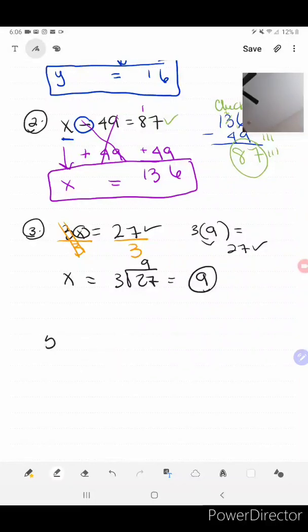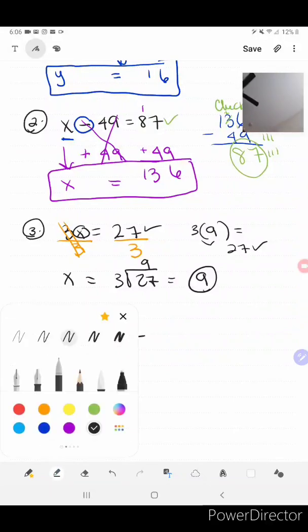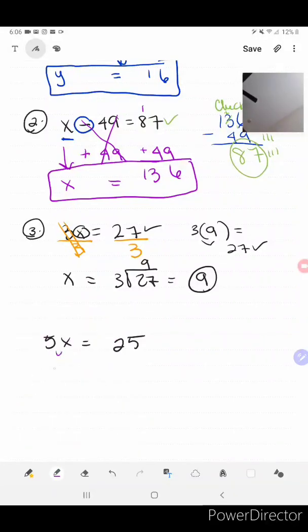So if we were to have 5x equals 25, same steps. We know that this means 5 times x. So what's the opposite of multiplication? You divide. So this cancels. Oops. This cancels.